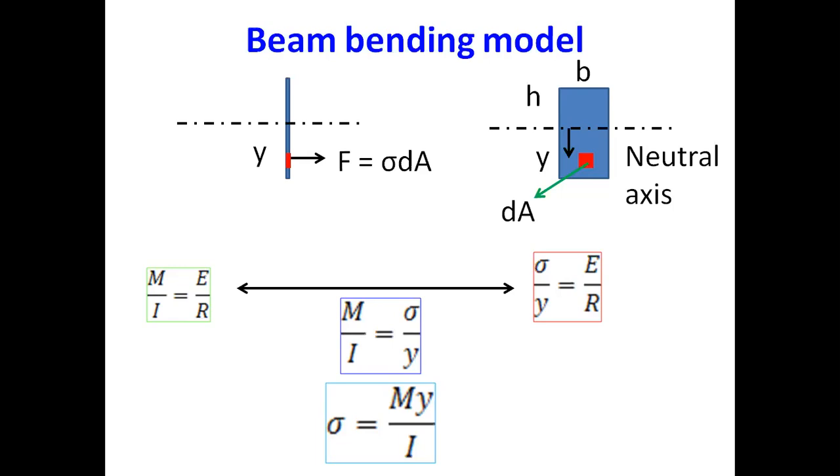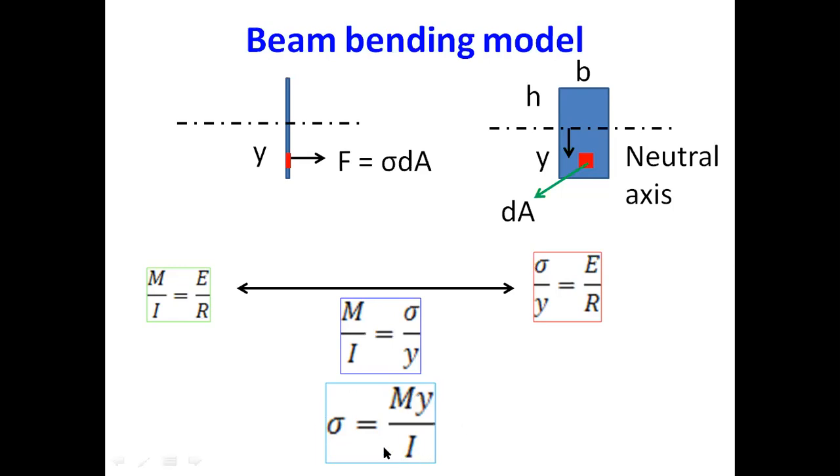So we have taken the moment of the resistive force about the neutral axis. The moment of that resistive force, we call it the bending moment, the resistive moment. So M is the bending moment.